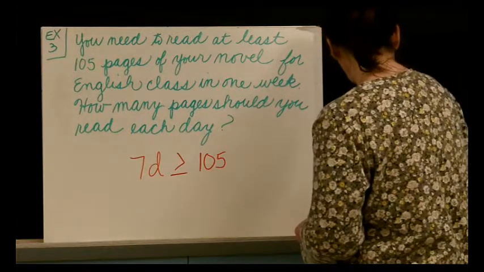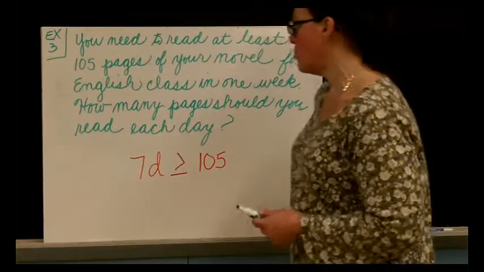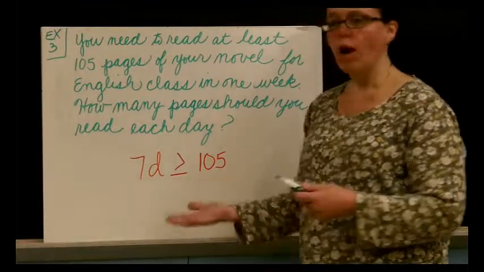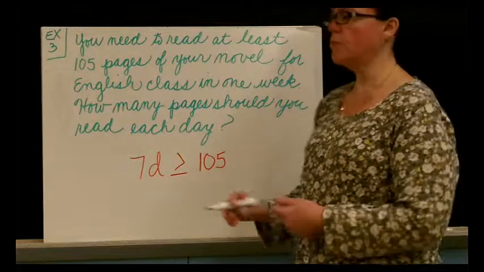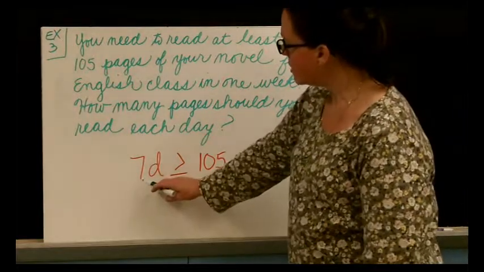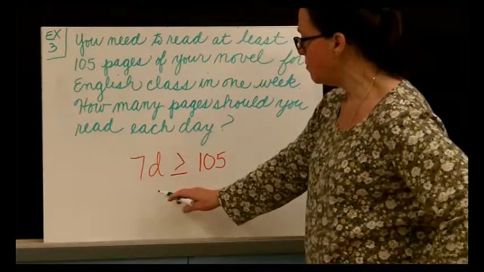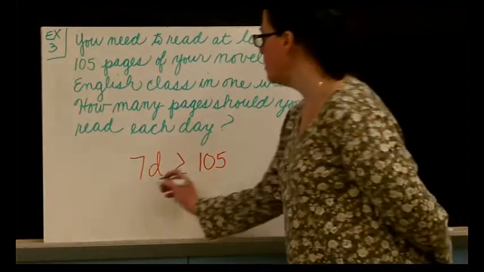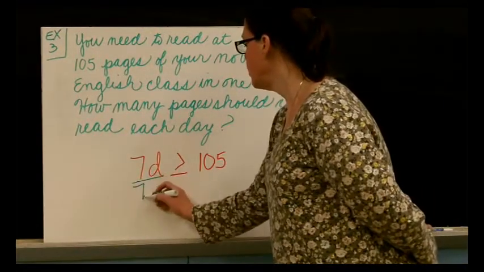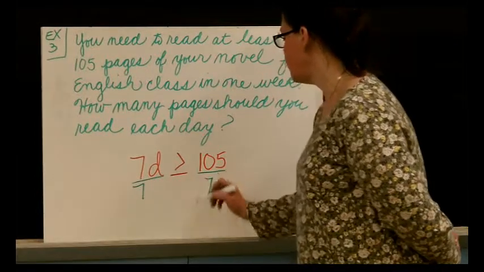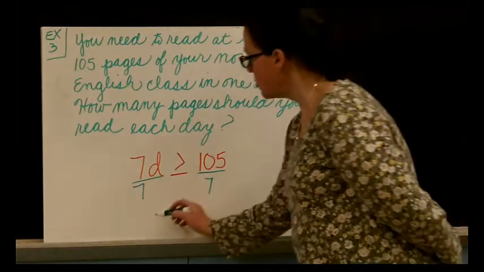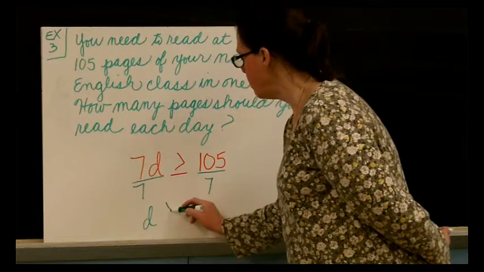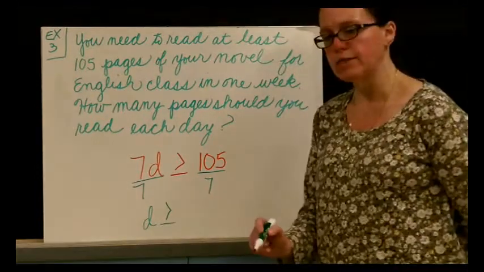So now what we have is just a one-step inequality, one step towards solving it. Here, 7 pages a day, 7D. Since D right now is being multiplied by 7, we are going to divide both sides by 7. And when we do, we have the D by itself, one easy step.